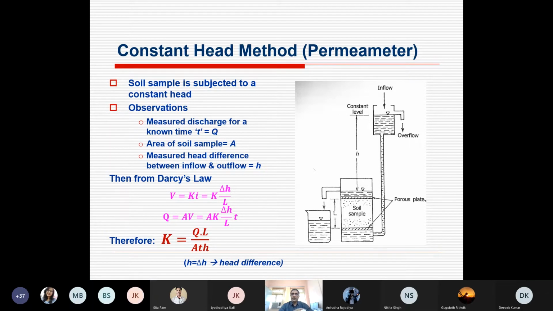Yes, sir. Okay. So every time we are interested to find out hydraulic conductivity of soil, it is basically Darcy's law which is applied everywhere, whether it's a laboratory method or an in situ field method. It is the same. Q means discharge of water passing through a layer of soil.